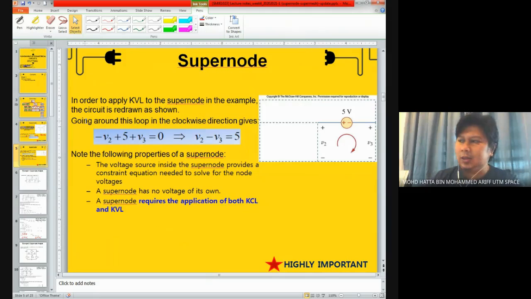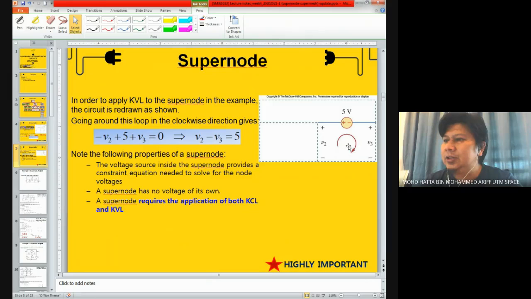Okay, in order for us to analyze the circuit using supernode analysis, we need to also apply Kirchhoff voltage law. Kirchhoff voltage law is applied at the supernode. In this example, this is the supernode that we considered earlier, V2 and V3. We try to apply KVL around this loop, to get the equation of Kirchhoff voltage law around the supernode loop.